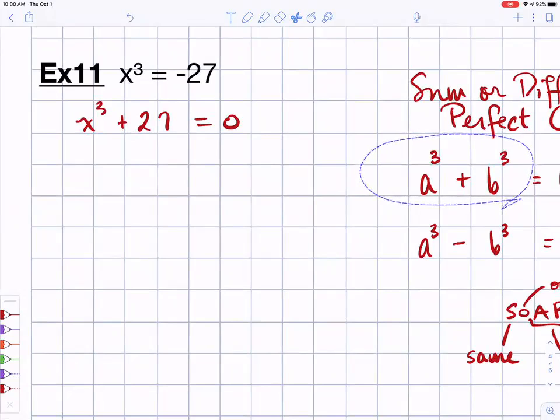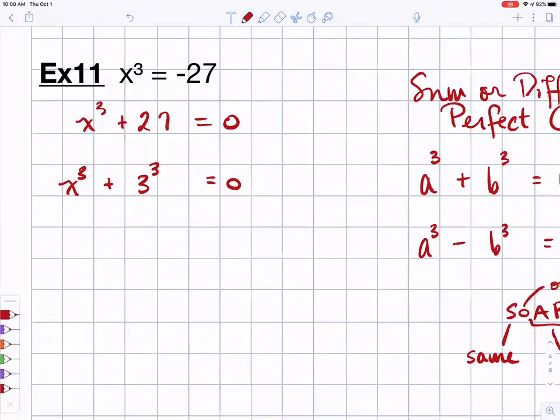But how can I write this piece to look like this? What number cubed is 27? No, negative 3 times negative 3 times negative 3 is a negative 27. It's a positive 3. So this is the same thing as x cubed plus 3 cubed. You don't have to write that, but you at least need to think it.